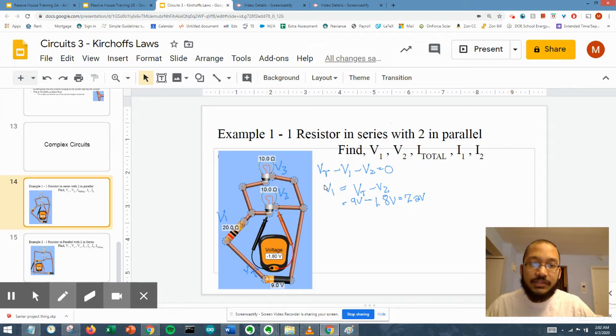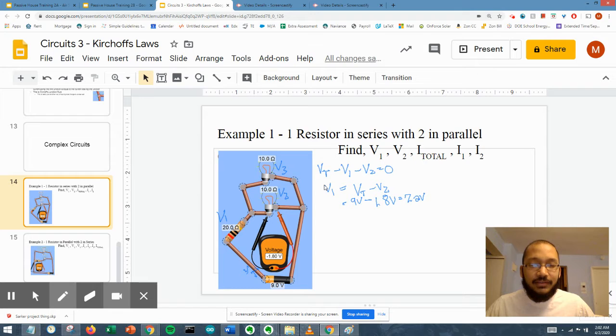So I'm given V2, and I got V1. If you want to solve for V3, do you know how to do it? You could write another loop rule equation, or I can say, starting from here, if I go in a loop, V3 is going to be equal to V2. In fact, parallel branches of a circuit are always going to have the same voltage difference across them.